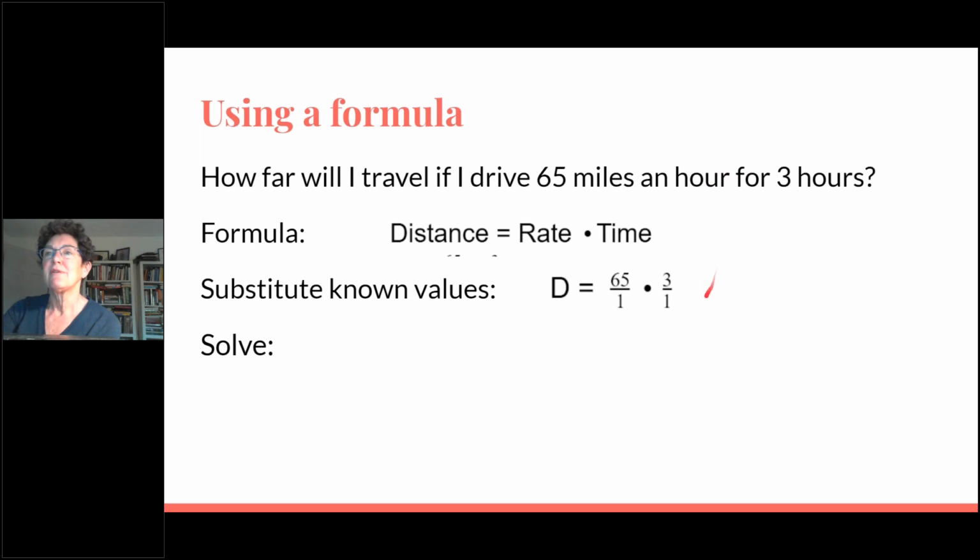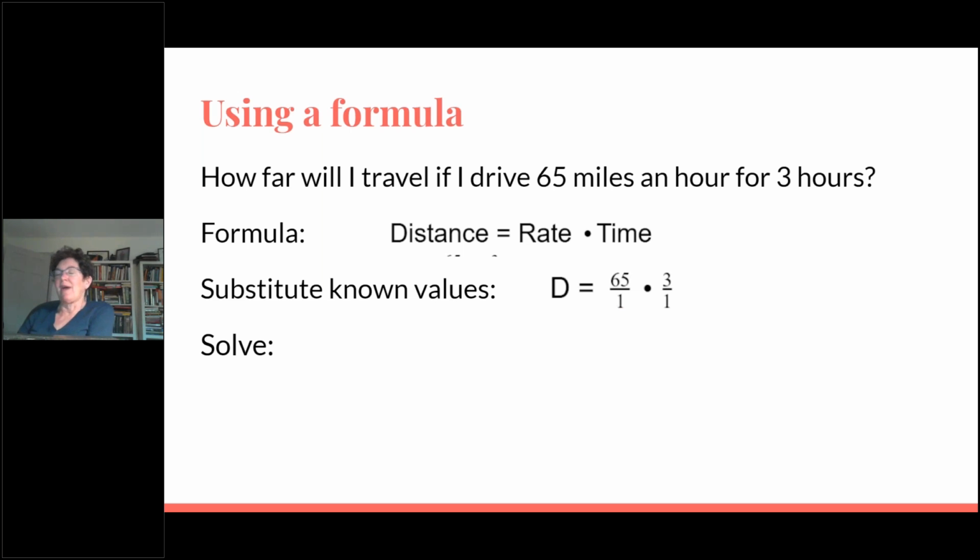And I wrote this 3 over 1 as a fraction just to remind us how we multiply fractions. Remember that we multiply numerator times numerator, denominator times denominator. So in this case, the denominator 1 times 1 is 1.